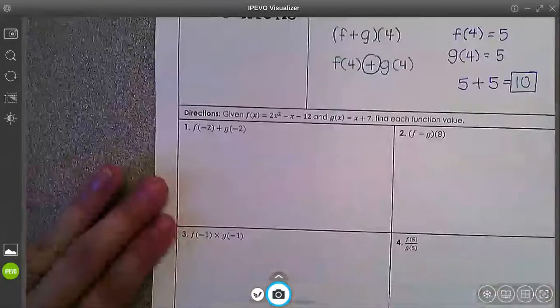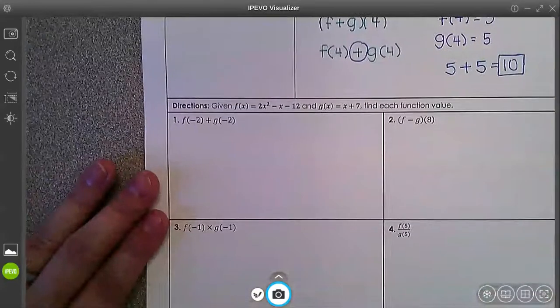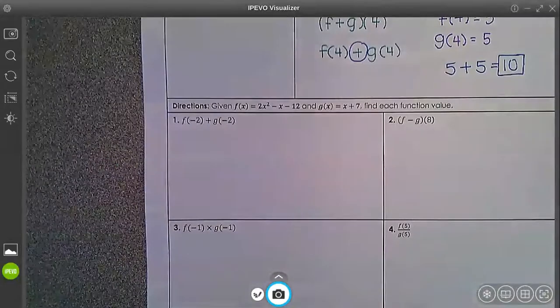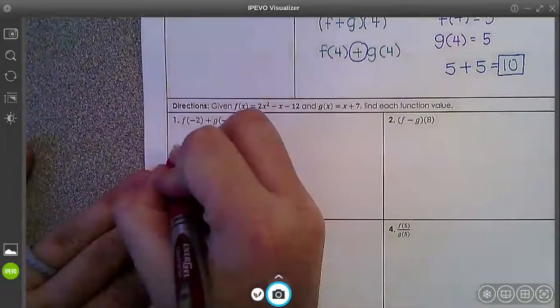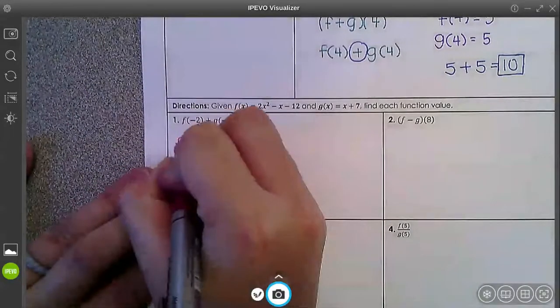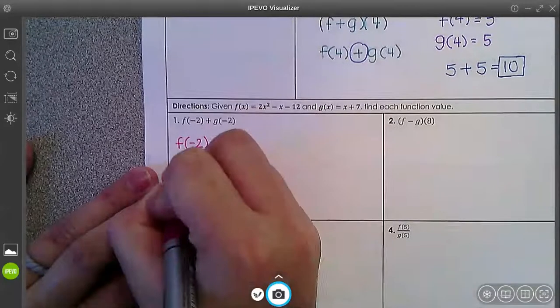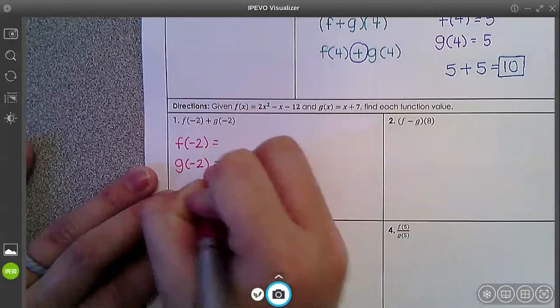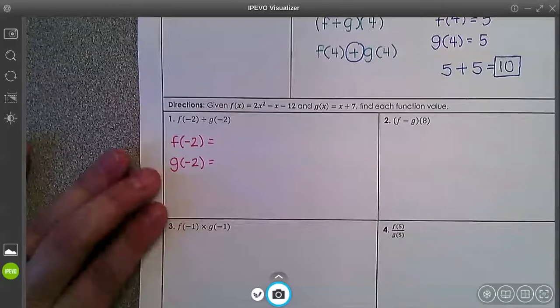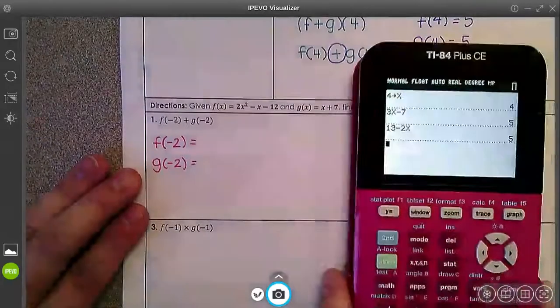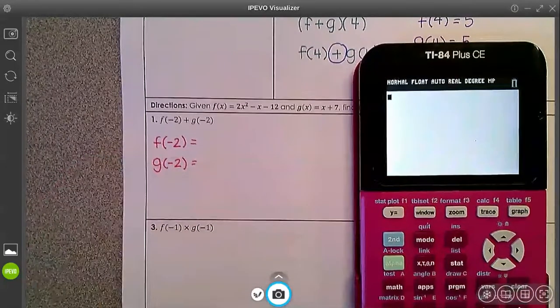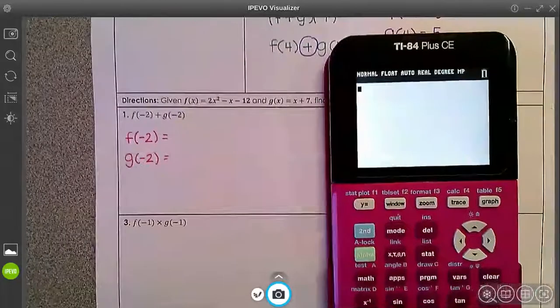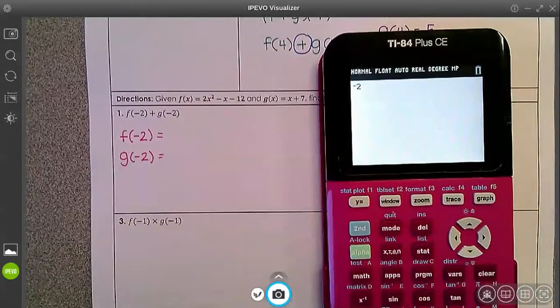So let's look over here at number 1. We're finding f of negative 2 and g of negative 2. So in your calculator, we're going to store negative 2. So negative 2, store x.